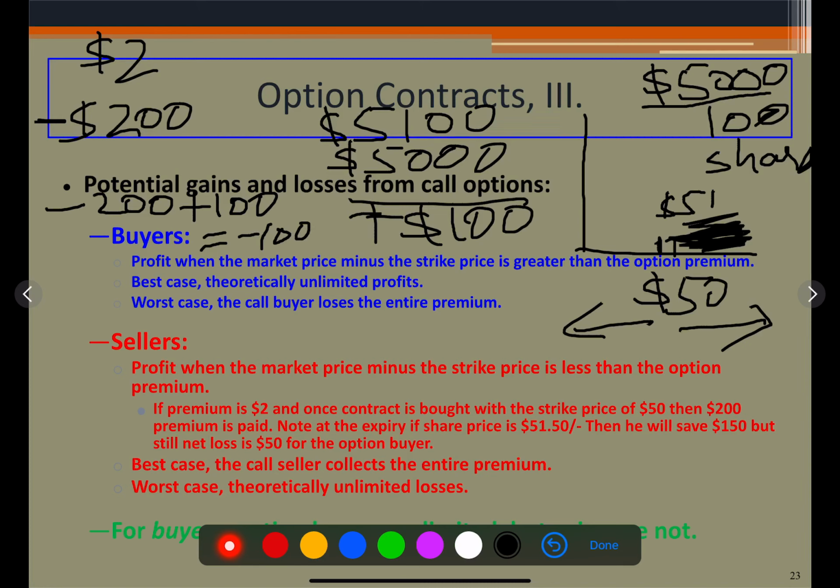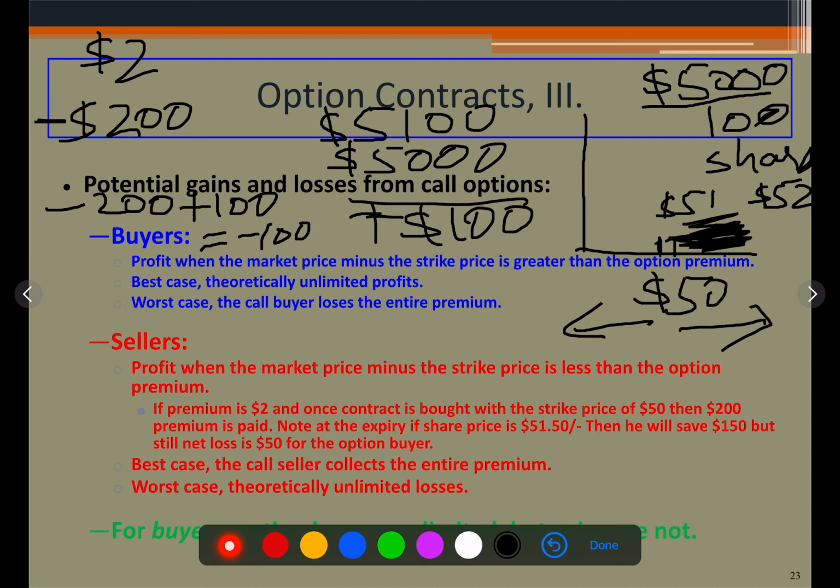So in order to break even, the price in the stock market needs to be at least $52. In that case, he will basically break even. There will be no profit at all.